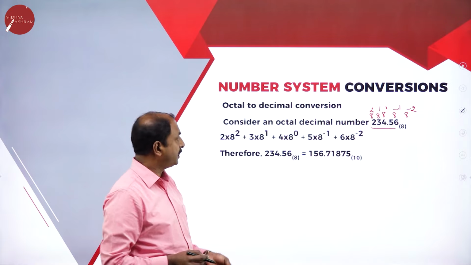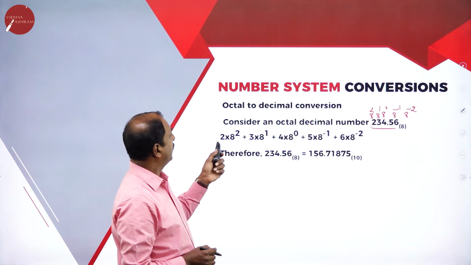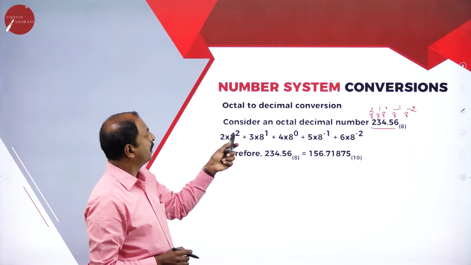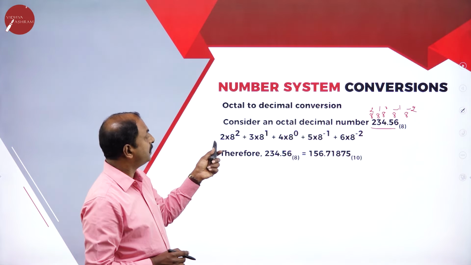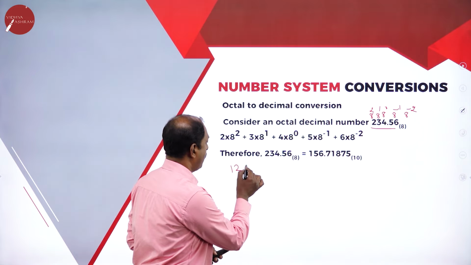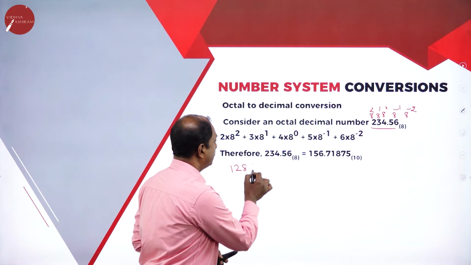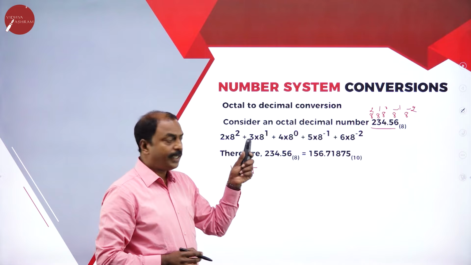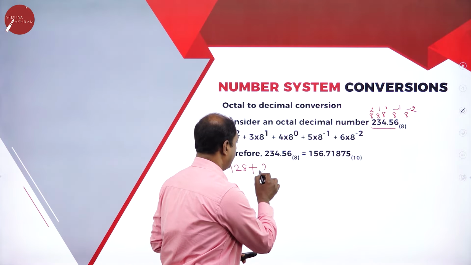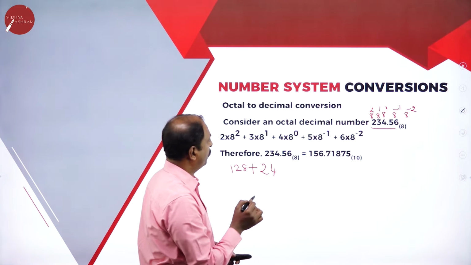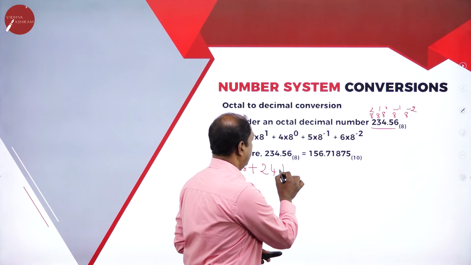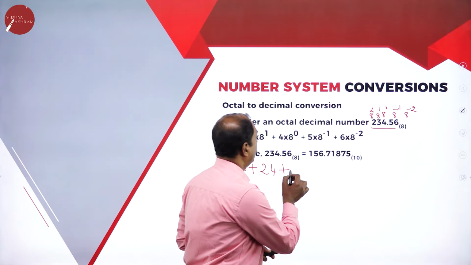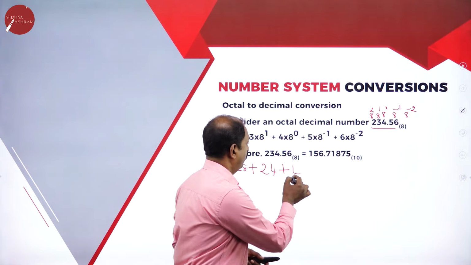When you multiply this, 8 squared is 64, 64 into 2 is 128, plus 8 to the power of 1 is 8, 8 into 3 is 24, plus 8 to the power of 0 is 1, so 1 into 4 is 4.